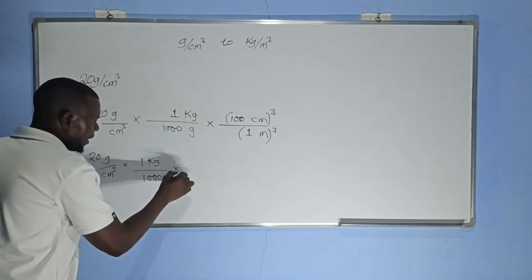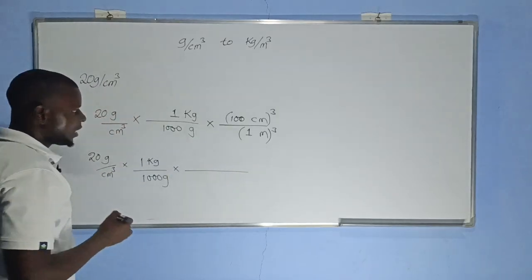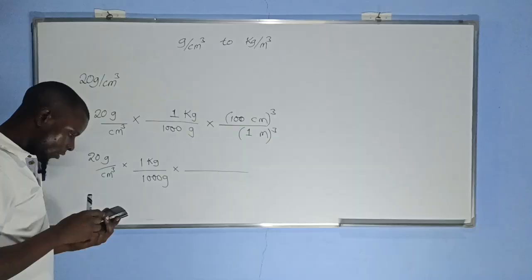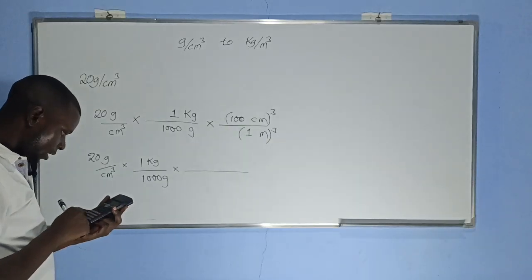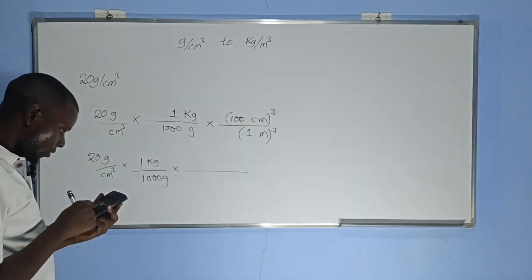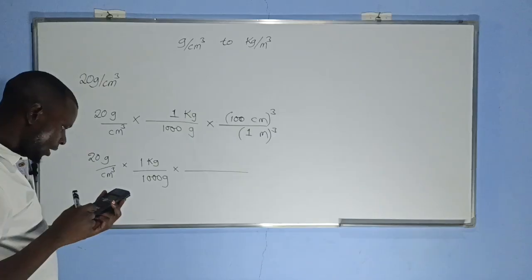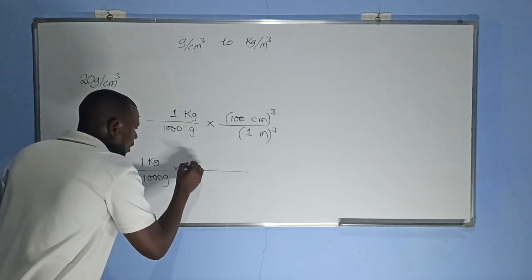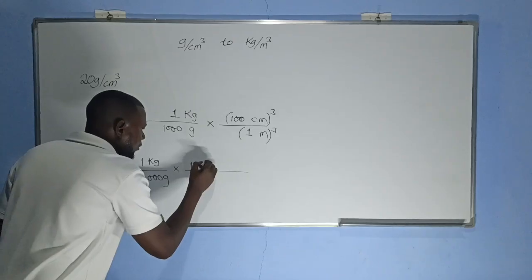And this will multiply by, on this side here, we need to find out 100 to the power of 3. This gives me 1,000,000. So on top here, we'll have 1,000,000.